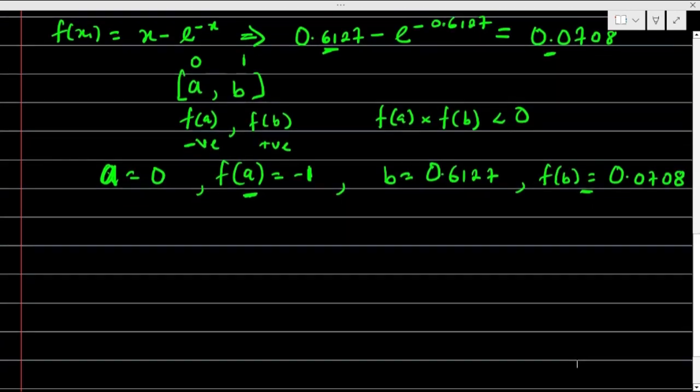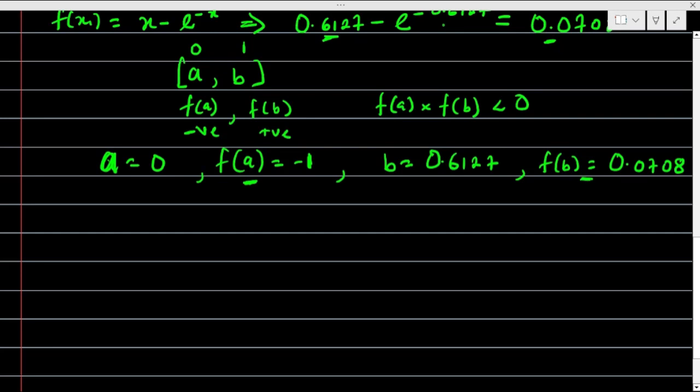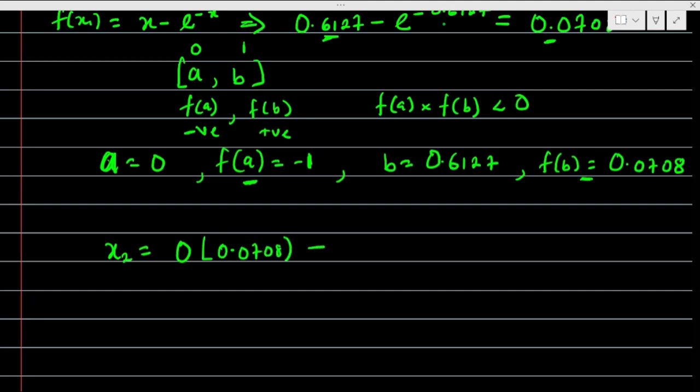So let's do the second iteration. For the second iteration now, we have x2, right? Which will be a, which is 0 now, into brackets, f of b. My f of b is 0.0708, right? Minus, what is my b? My b is 0.6127, into brackets, what is my f of a? -1.